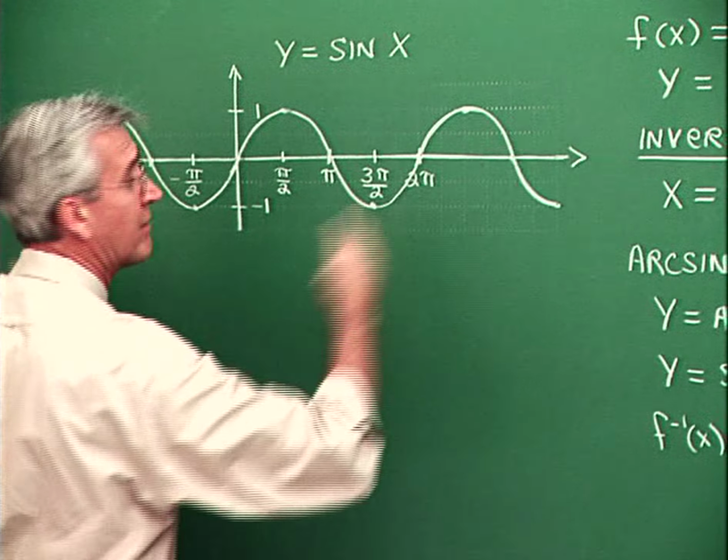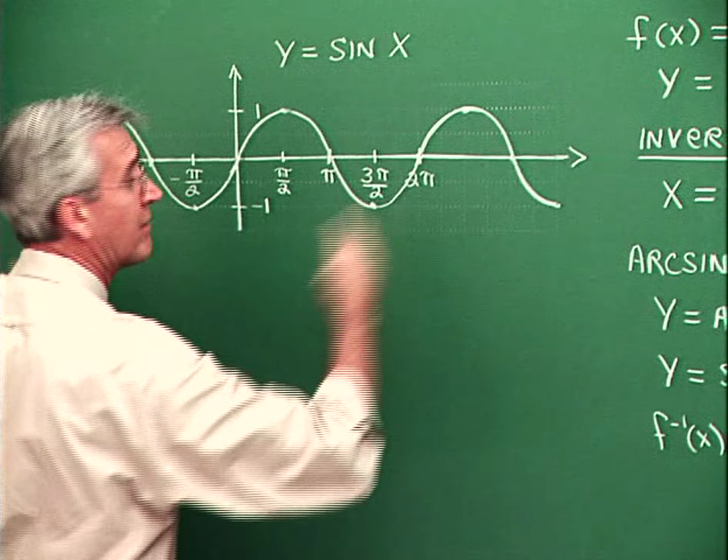Well, let's get back to the topic at hand. What we want to do is create a situation where we have a continually increasing or decreasing graph. And to do that, we'll limit the domain of the sine function. We want to contain all of the range values within this limited domain.